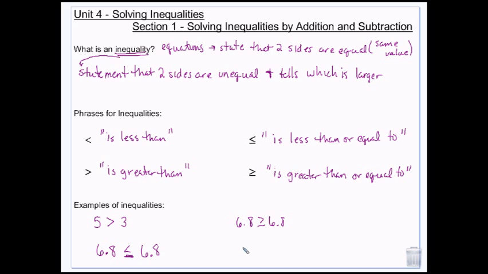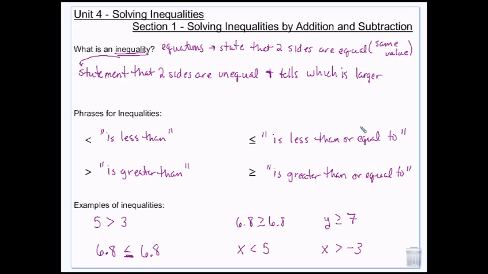What we're going to end up with in our practice is x is less than 5, or y is greater than or equal to 7, or x is greater than negative 3, things like this. We're going to be solving to get down to statements like that, where we have a variable on one side, a number on the other.